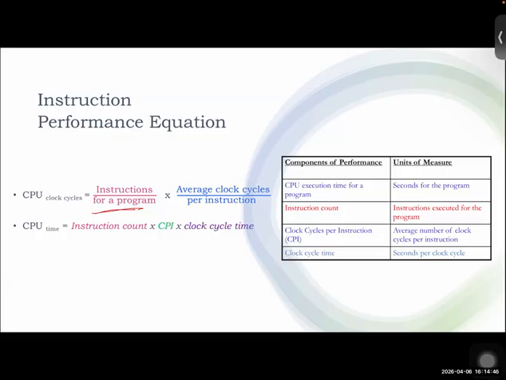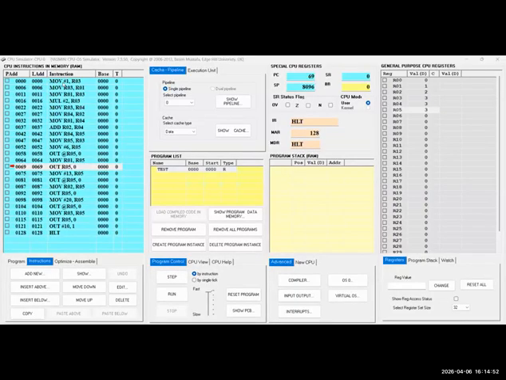In this program, if you take the example, how many instructions are there here? If you start counting, total how many instructions are there? Can someone help me?